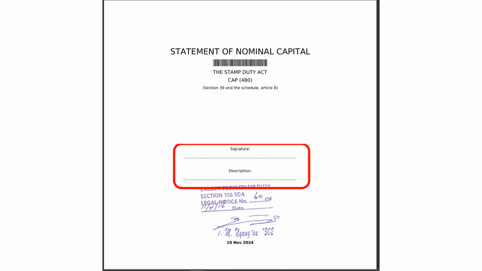We also have the statement of nominal capital. This outlines the nominal value of your company. This is where you consult a financial analyst to determine the value of your company. So this form outlines that. So a signature is also required. We also have the beneficial owners form.